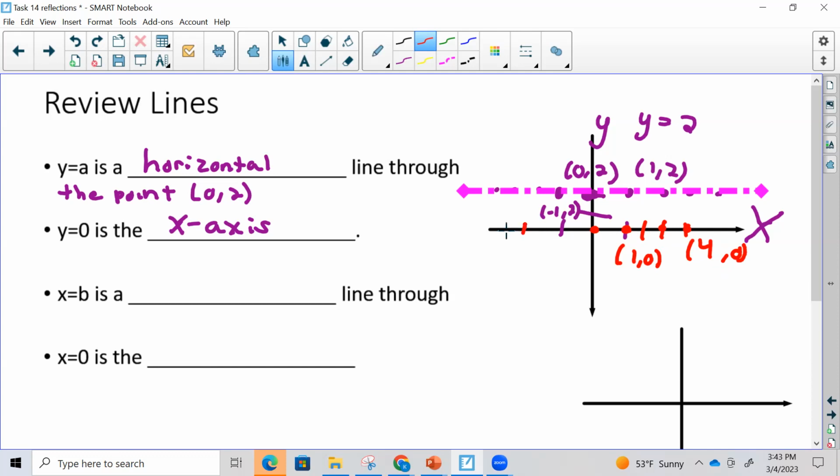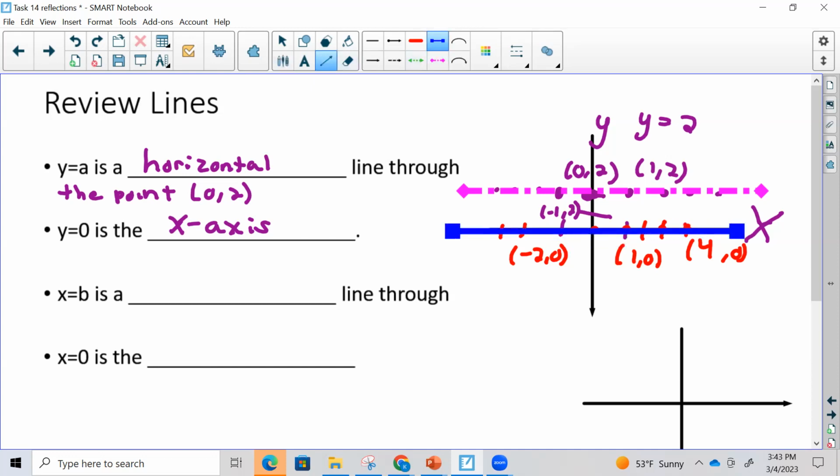Any point I pick on the x-axis, the y coordinate is always 0. And so y equals 0 is the same thing as the x-axis. So y equals 0 is this line, which is the x-axis.